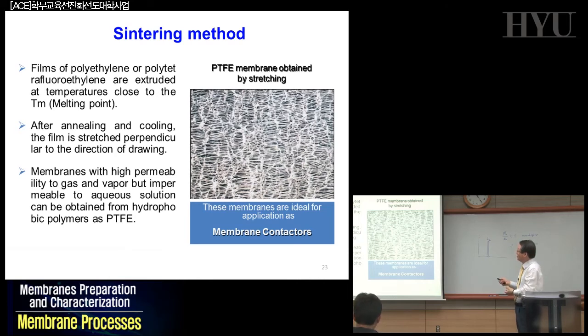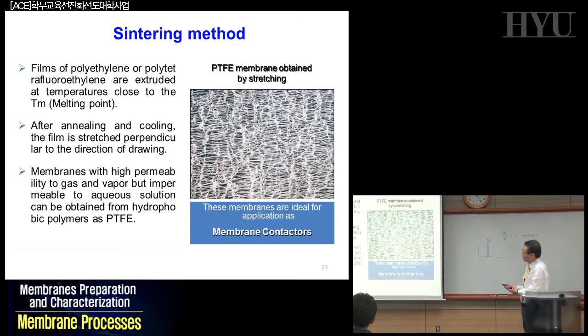This PTFE is white in color and could be used as tape, right? Wrapping up your metal pipes in your water line, or used in many applications.